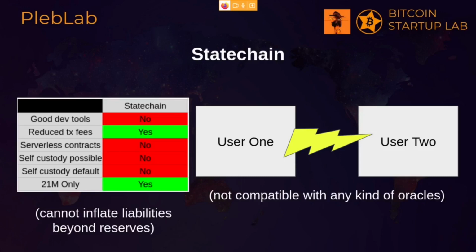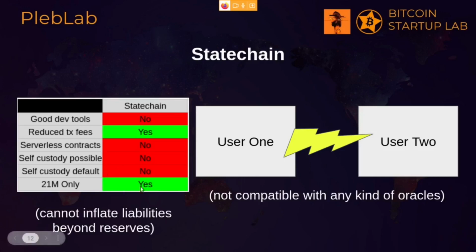But the moment you transfer it, the person who receives your coins can't know that they have full self-custody, because the server could coordinate with you, who still has a copy of the key. They could coordinate with you to steal the funds from the second person. So if you ever receive money on a state chain, you can't be sure you have full custody of it. You're relying on the honesty of the central server.